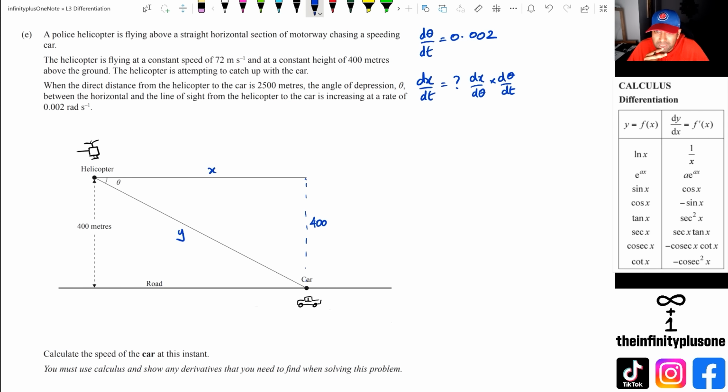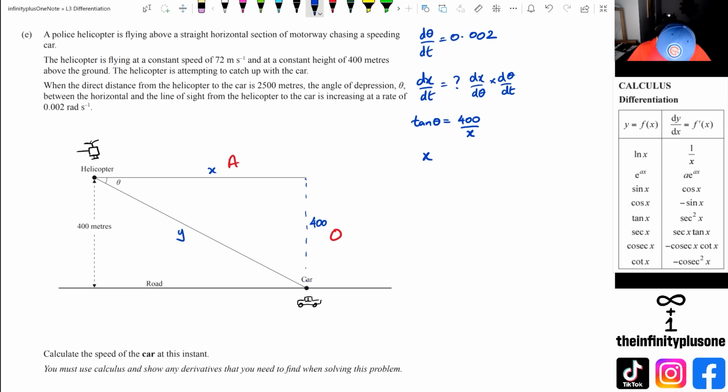That's the rate of change, right? So what we've got is x, 400 and theta. We can say that tan θ is equal to 400 over x, because that is basic Pythagoras, where we've got opposite and adjacent, so we're going to use tan.